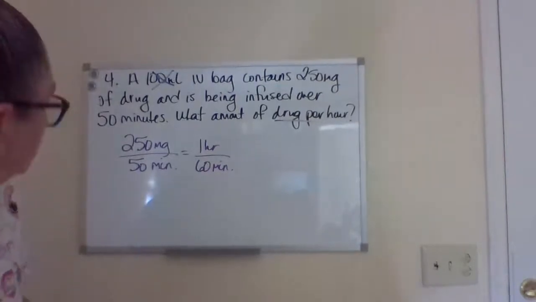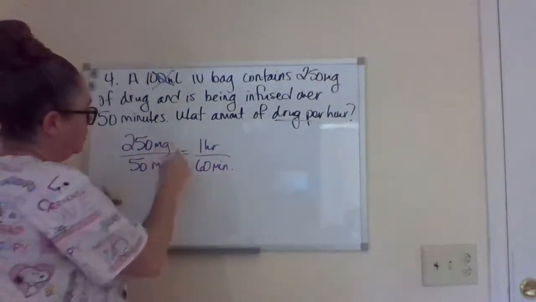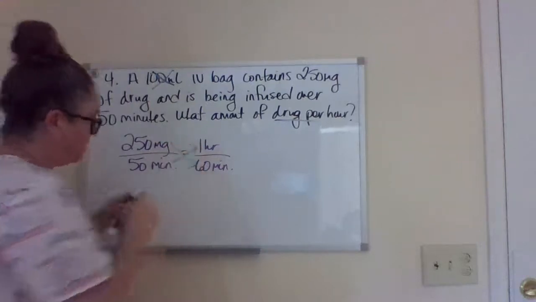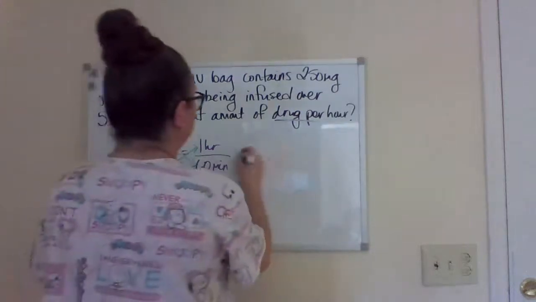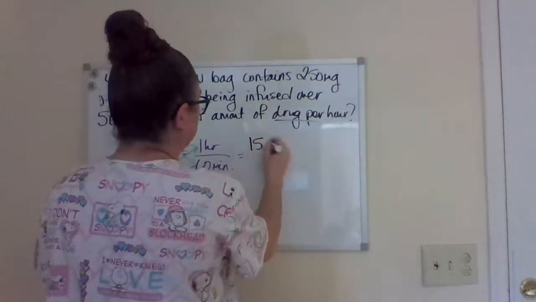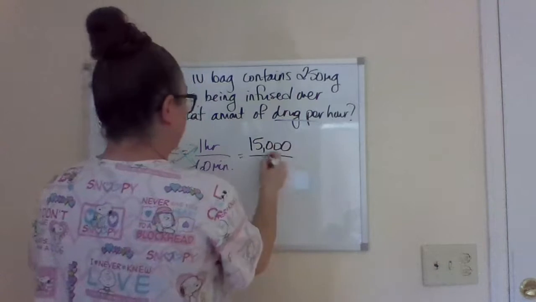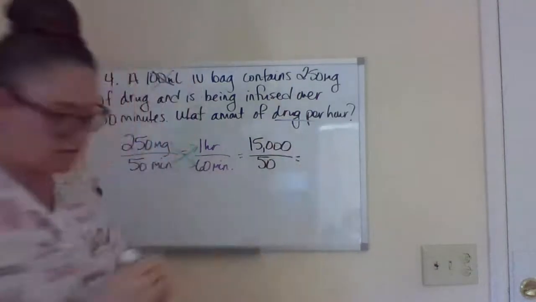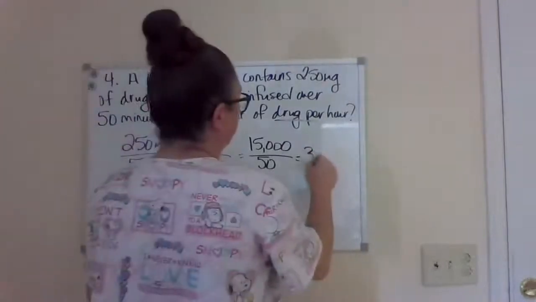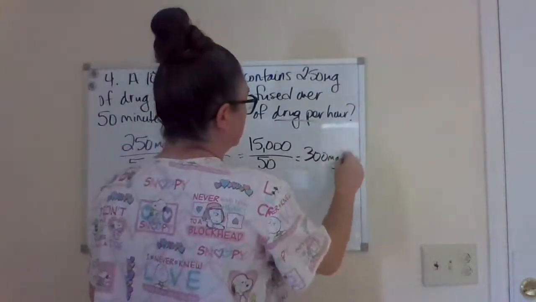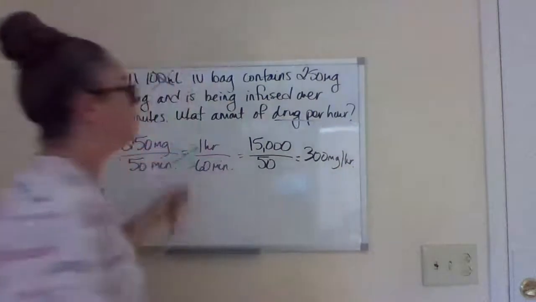I'm going to cross multiply here. So 250 times 60 is 15,000 divided by 50. And our patient is getting 300 milligrams per hour, okay?